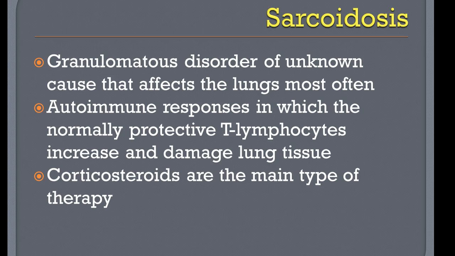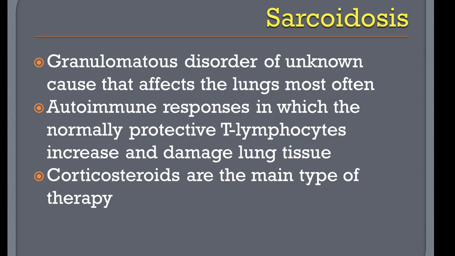There's like abnormal masses or nodules that occur. More of an autoimmune response in which the normally protective T lymphocytes increase and damage lung tissues. Really, like I said before, an unknown cause. Growths can occur in the lungs, the lymph nodes, even in the eyes and the skin.